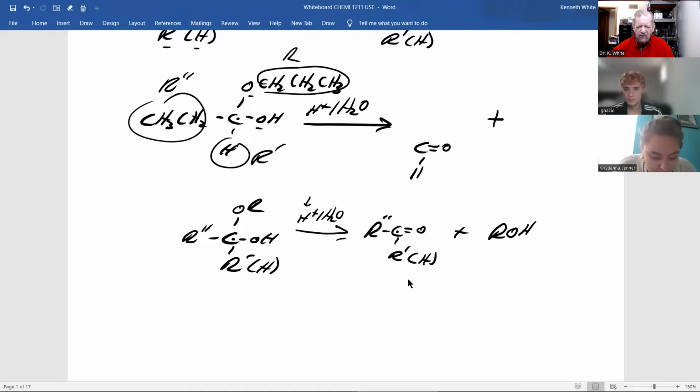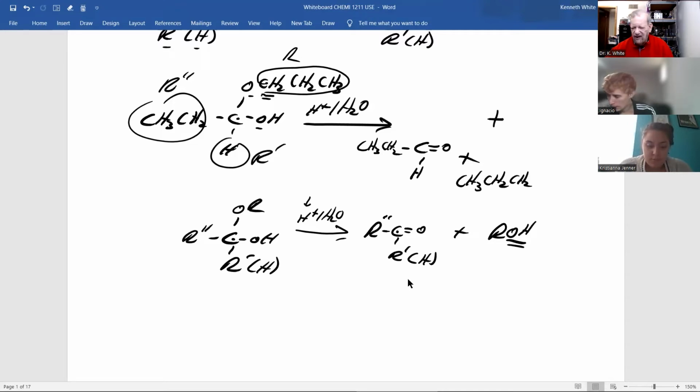R prime, which is a hydrogen, R double prime, ethyl. And then my R group, the carbon bonded to the oxygen, is the carbon that will have the hydroxyl group. My R is 3 carbons, and the end carbon will have the hydroxyl group. And that's how you do it.